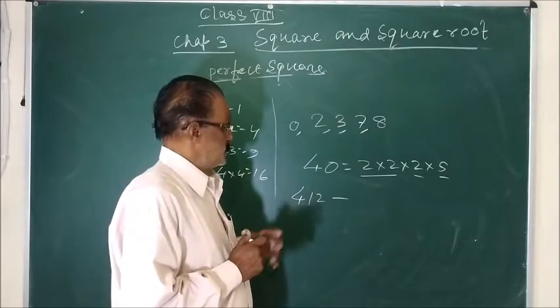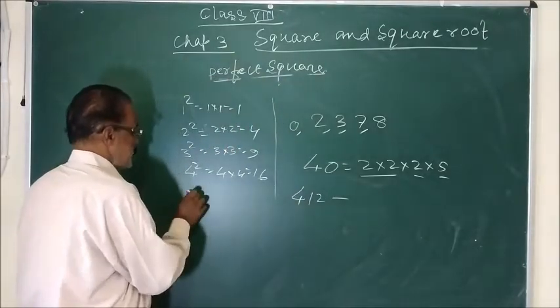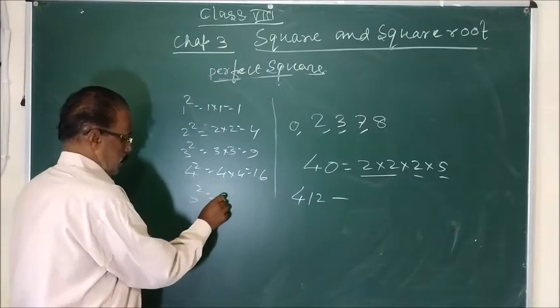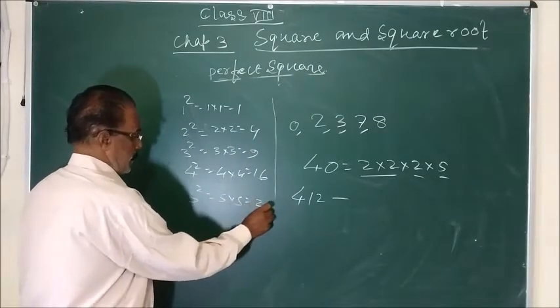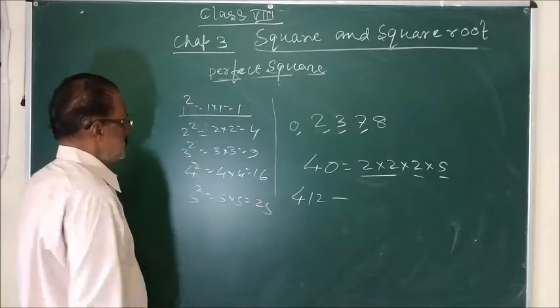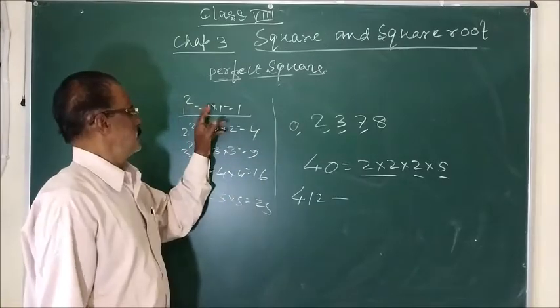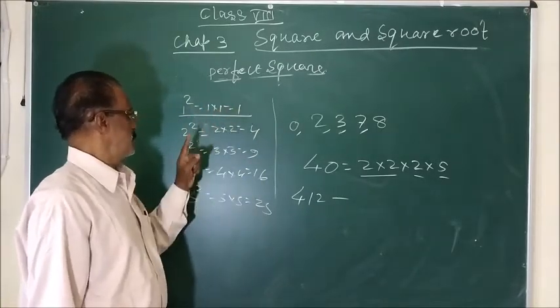Therefore, you should remember this rule. And now you see here 5 square, 5 into 5 is 25. Now what do you observe? We observe the square of an odd number is an odd number. 1 into 1 is equal to 1, odd number.